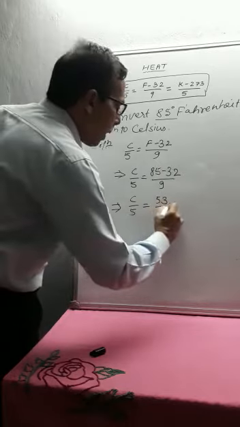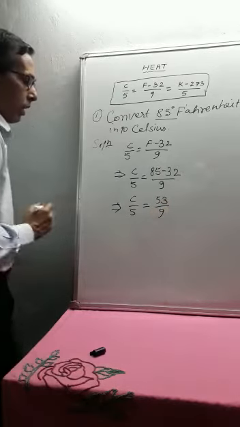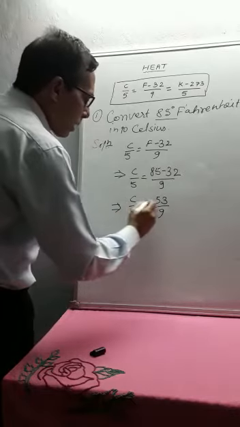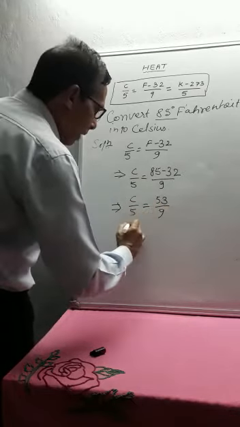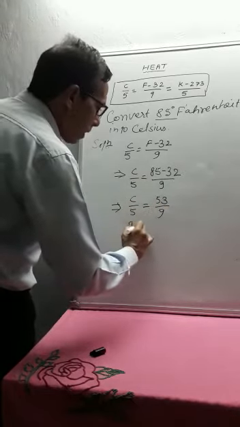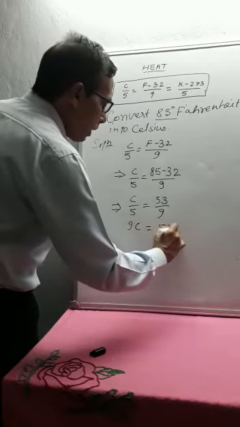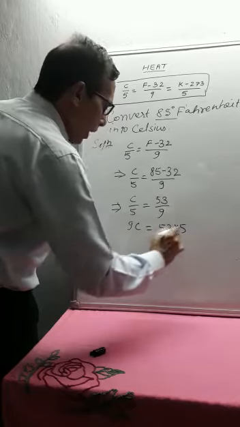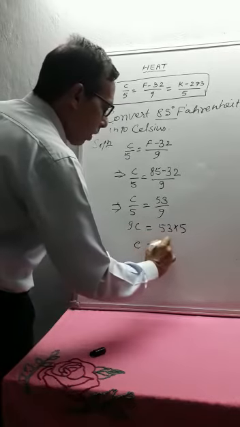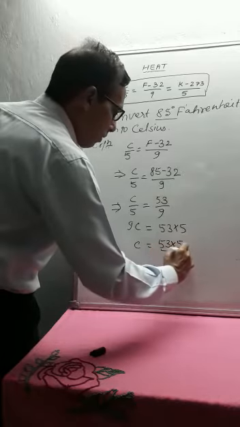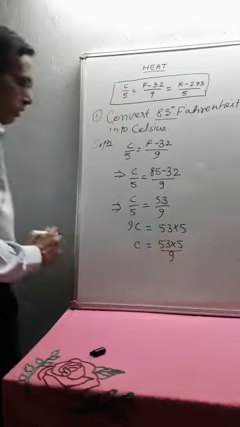So 53/9. Now cross multiplication: after cross multiplication, C into 9, that is 9C, is equal to 53 into 5. So C is equal to 53 into 5 divided by 9.